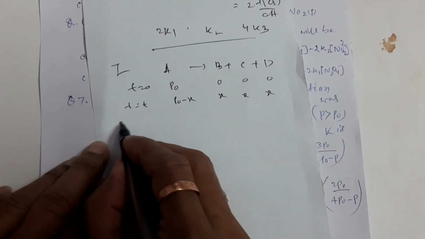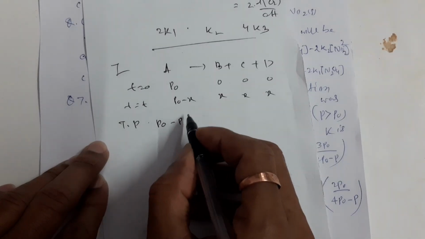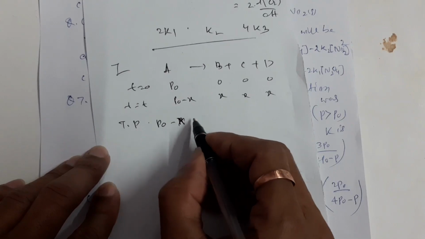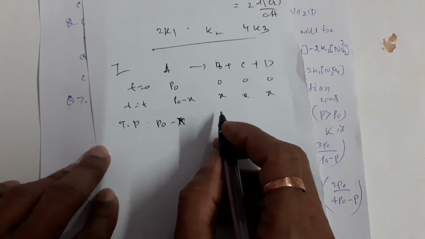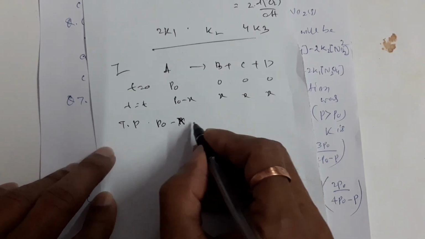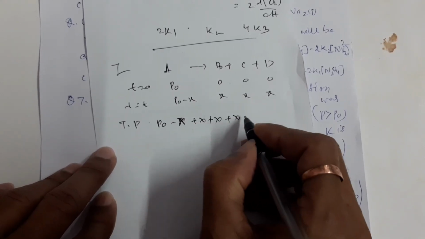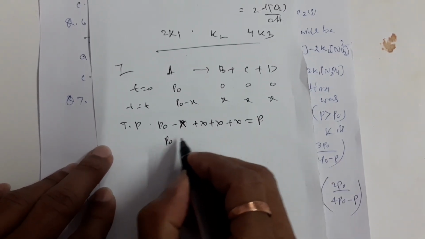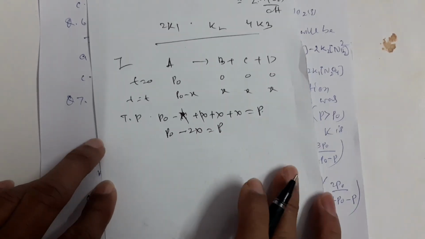So total pressure is P0 minus x plus x plus x plus x. The x's combine, so P0 plus 2x is equal to P, the total pressure.